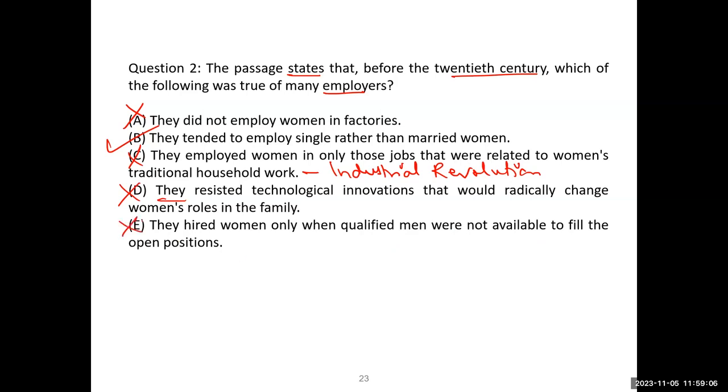That was not mentioned. So the answer will be number B, right? Okay. Did you understand? Yes, sir. So it's as simple as this. Supporting idea questions are as simple as this.